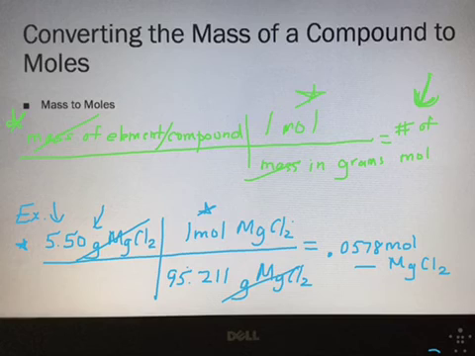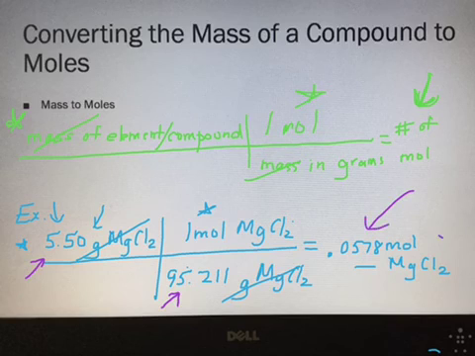Now, if you look at this logically, you can tell if you did it right. So think about it this way. If it takes 95.211 grams of magnesium chloride to make up 1 mole, and I only have 5.50 grams, that means I don't even have close to 1 mole of that compound, which means that my answer should be a small number.